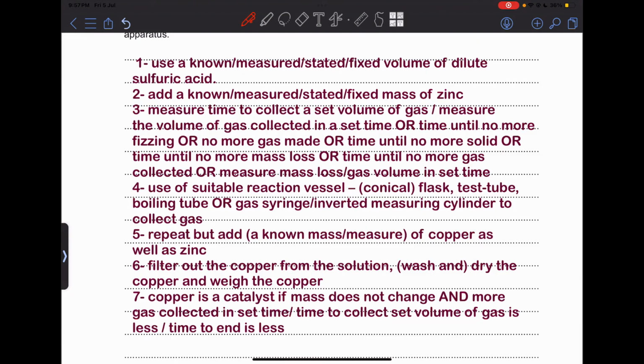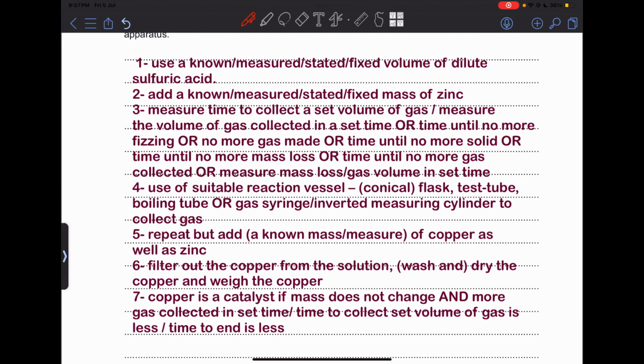Now you also get a mark for saying that you repeated the experiment, and also added copper as well as zinc. Copper should act as a catalyst and decrease the reaction time without itself being changed. So we're going to see if that happens, then it is a catalyst.